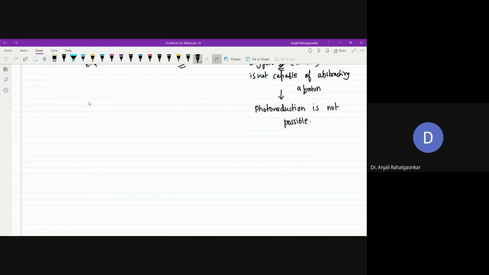But if the groups are electron withdrawing groups, what is the status of electron withdrawing groups?